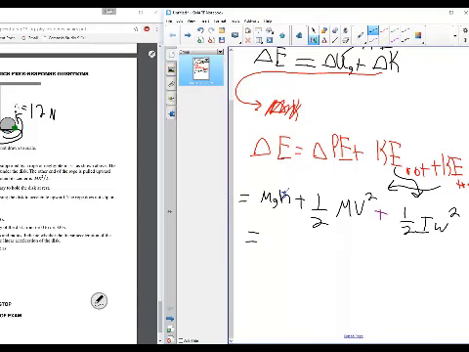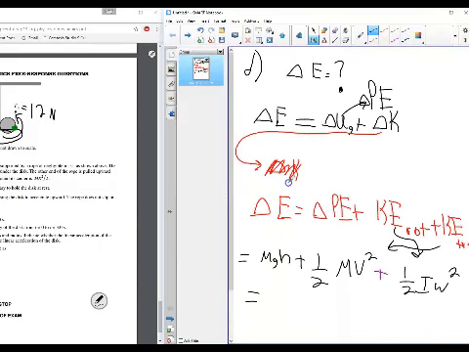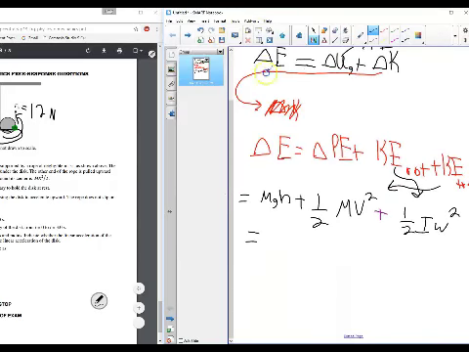Now, this might sound a little weird, but I think we need to use a kinematic here because there literally is no other way to find how this thing is going to change. So what I'm really saying is we know acceleration, which was 1.47 meters per second squared, I believe.